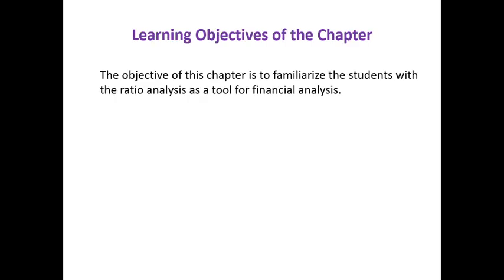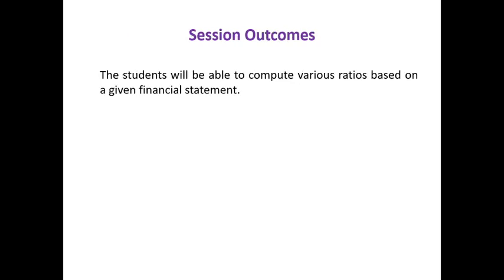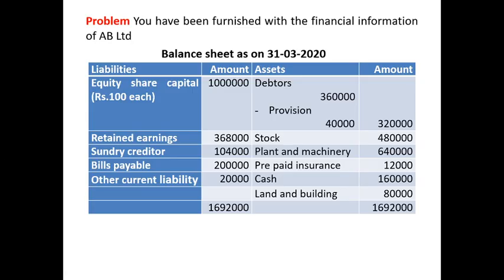The main objective of this chapter is to familiarize the students with ratio analysis as a tool for financial analysis. The main session outcome is that the students will be able to compute various ratios based on a given financial statement.